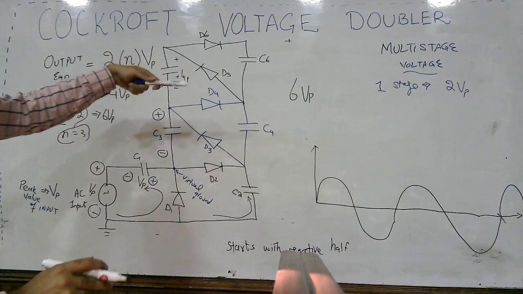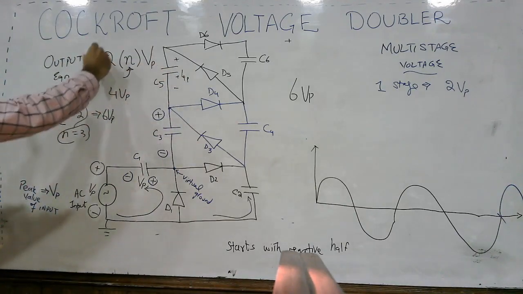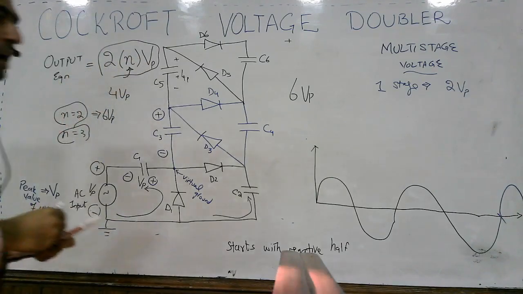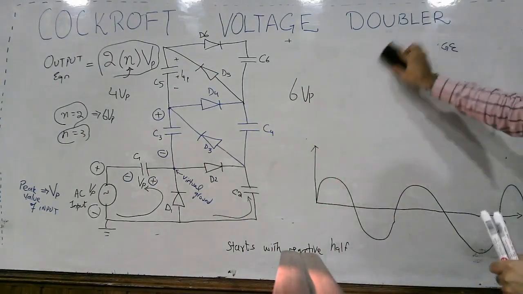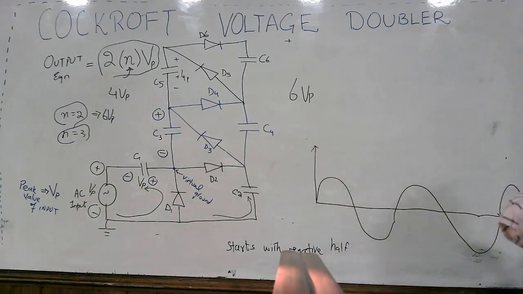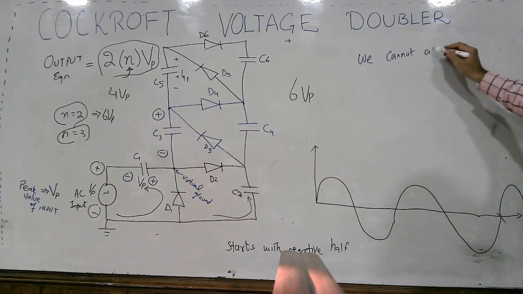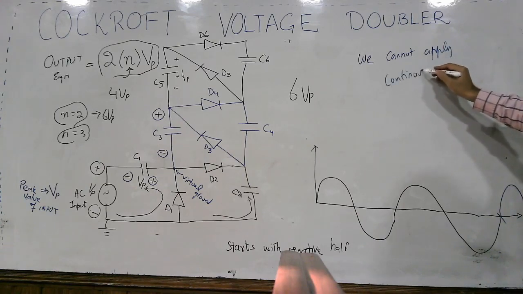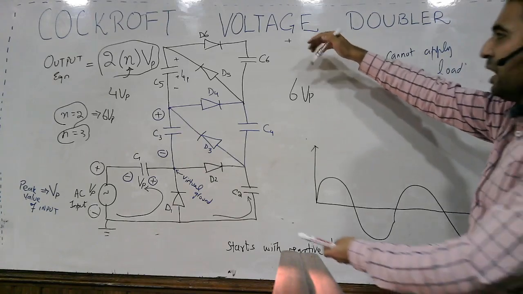So the more stages you add, the more you increase n, the more the output voltage increases. One important thing to note for such types of circuits is that we cannot apply a continuous load.